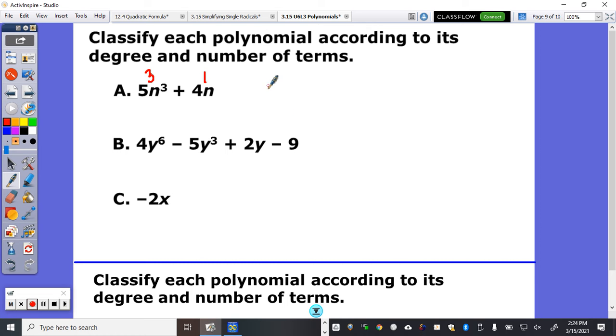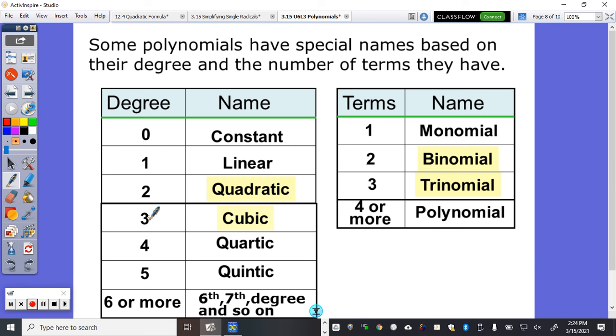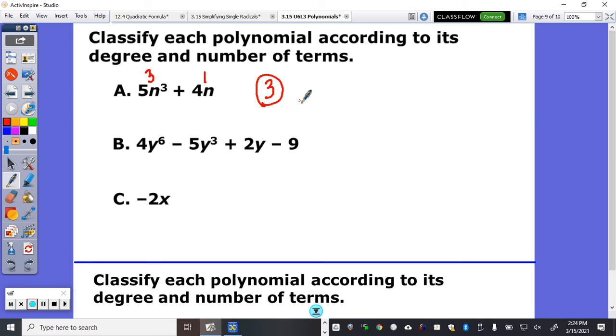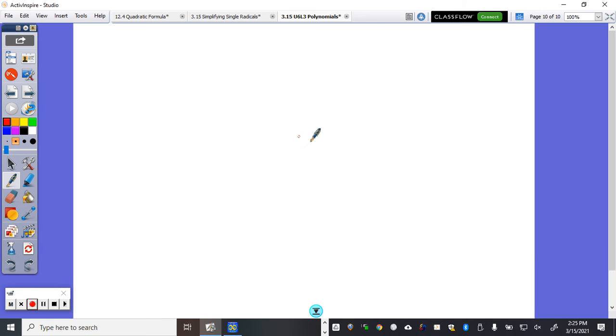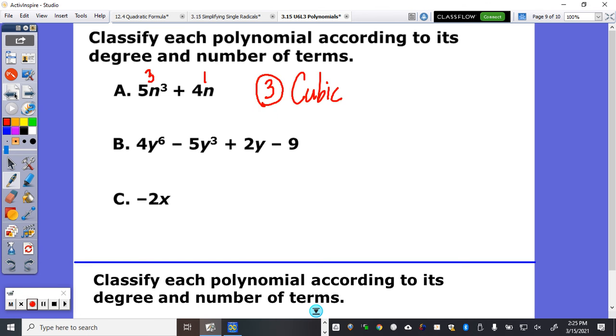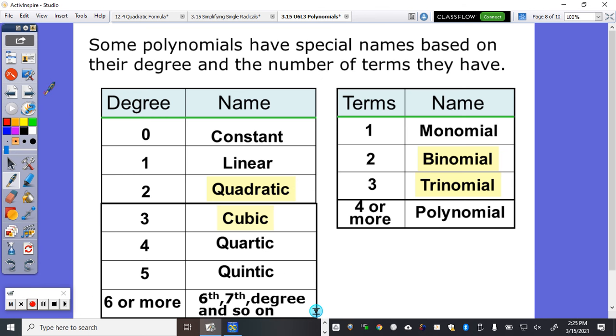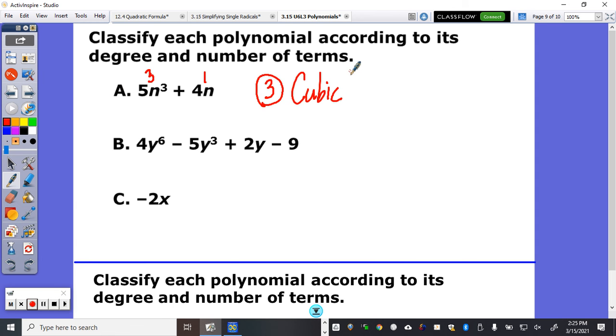So the degree of this is 3. That means going back to this, 3 is cubic. So this is cubic. How many terms do I have? 2. So if I look over here, I see that I have 2 terms, binomial. So therefore, this is a cubic binomial.